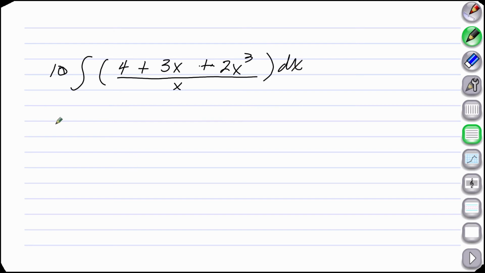So what you want to do on a problem like number 10, do you see that problem on your worksheet, 4.1? Okay, what you want to do is simplify these, put each one over x.